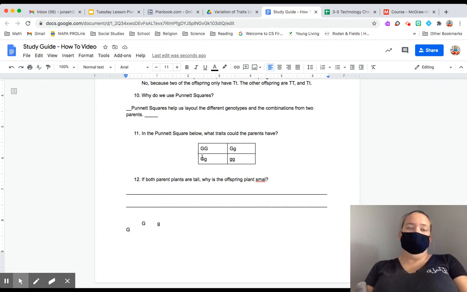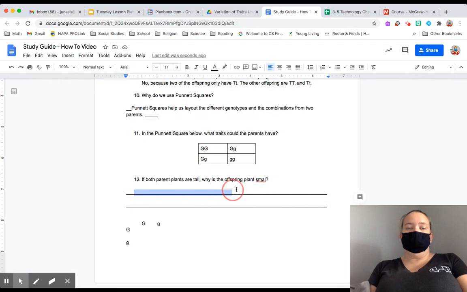I have a big G, and I already have one big G going up on top, so this big G is already used. I have a little g that needs to be used. So your parent genotypes would be big G, little g, big G, little g.